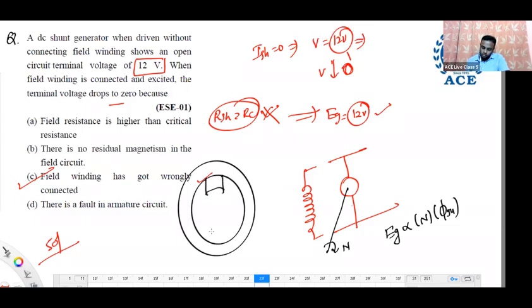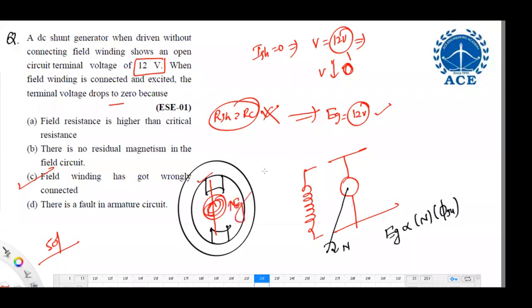In the poles, flux is going, no? Residual flux, even when there is no current, is there. When you rotate, the conductors cut the flux lines, so EMF will be induced or not? Yes, sir. That is the 12 volts. So it means residual flux is present in the poles also. Yes, from the poles also. Am I right, sir? Residual flux is only between the poles, no? Okay. That's it. Thank you.